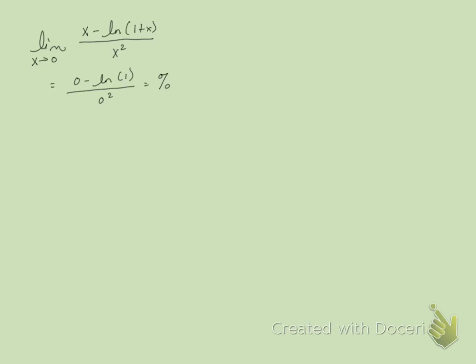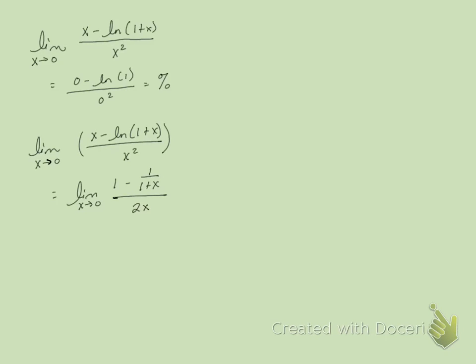So we apply L'Hopital's rule and take the derivative of the numerator and the denominator. The derivative of x is 1, the derivative of natural log is 1 over the argument inside, and then using the chain rule, the derivative of 1 plus x is just 1. Then we've got the derivative of the denominator.